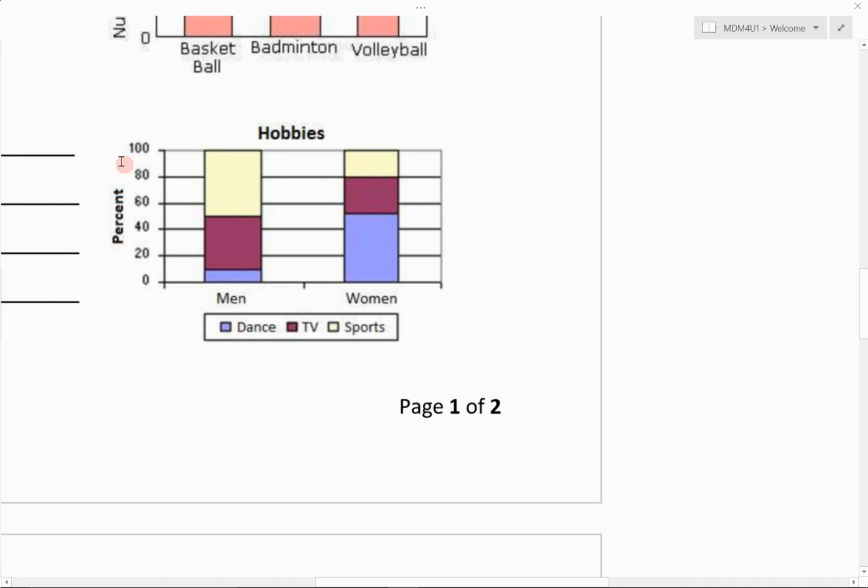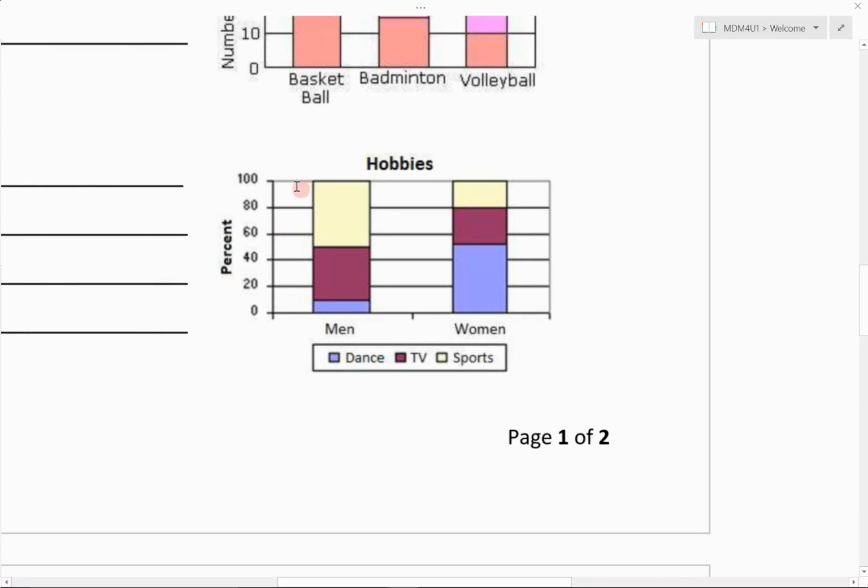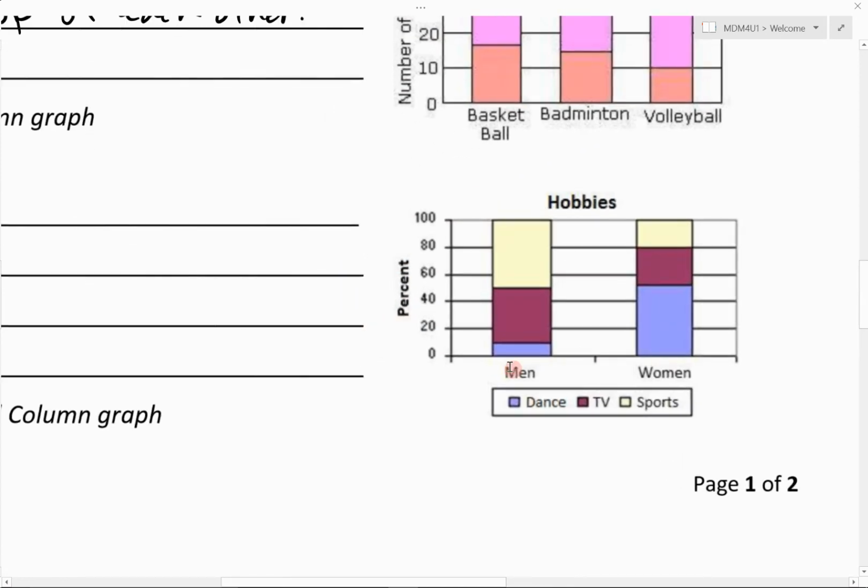This is different because it's percentage based, not frequency based, and that's the reason why it's percentage based, because it allows us to see the numbers relative to each different group, by colors, so that you can see the percentage of sports, TV, and dance rather than just the raw numbers.